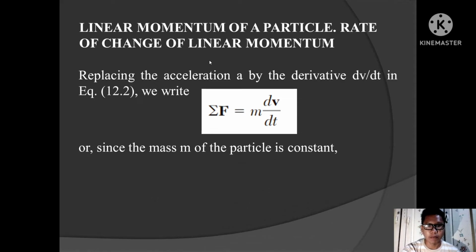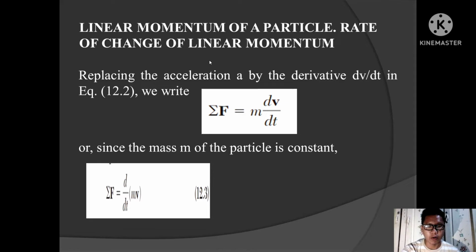Since the mass m of the particle is constant, we have formula 12.3: the summation of F equals d over dt of mv, where mv is called the linear momentum. That is what I said earlier, that linear momentum is the product of the mass and the velocity.